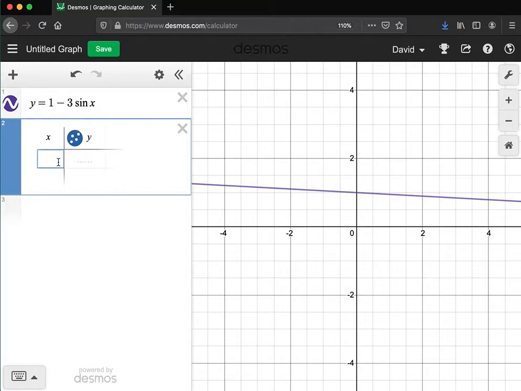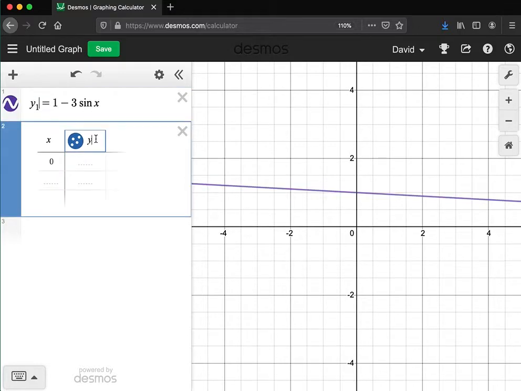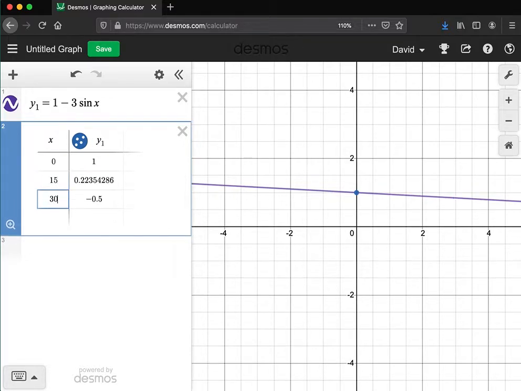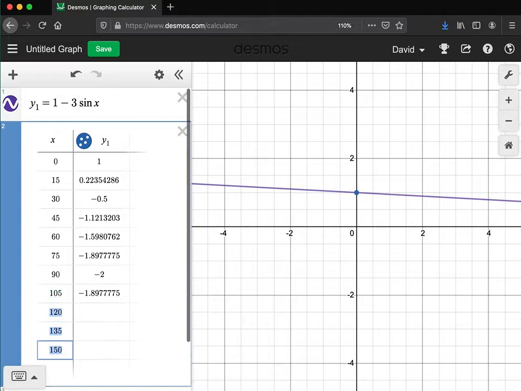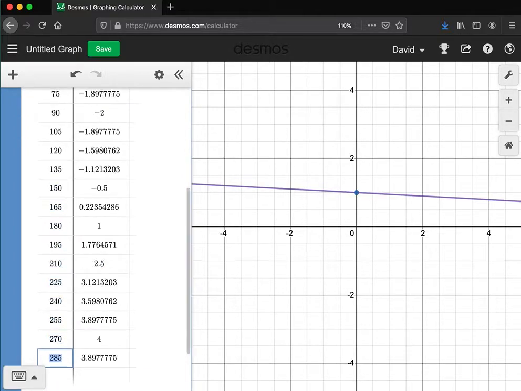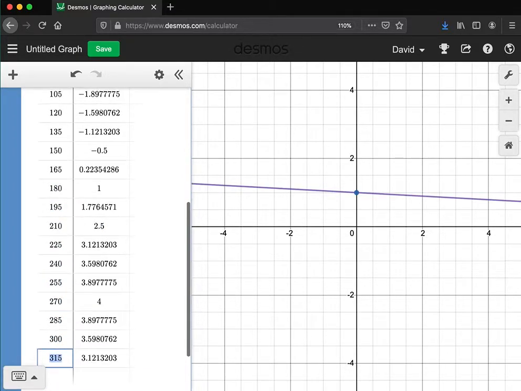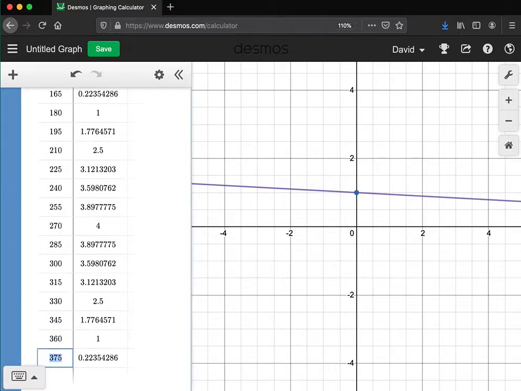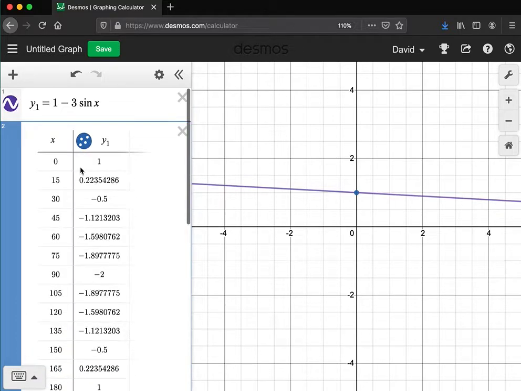Then you type in a 0. Sometimes this doesn't come up, so I usually change this to y1, which makes it a little easier. Then the values appear. Then I do 15, 30, 45, and it also does it for me. Then I just write them down, all the way down to 360. So if you did that, that was fine.